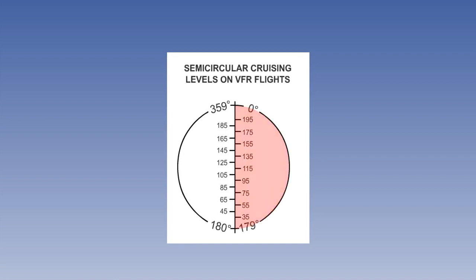It can be seen from the diagram that a magnetic track of 031 degrees uses the flight levels on the right-hand side as highlighted. Flying too high for our type of flight is inappropriate, so really the only flight levels worth considering are flight level 35, flight level 55, and lastly, flight level 75.